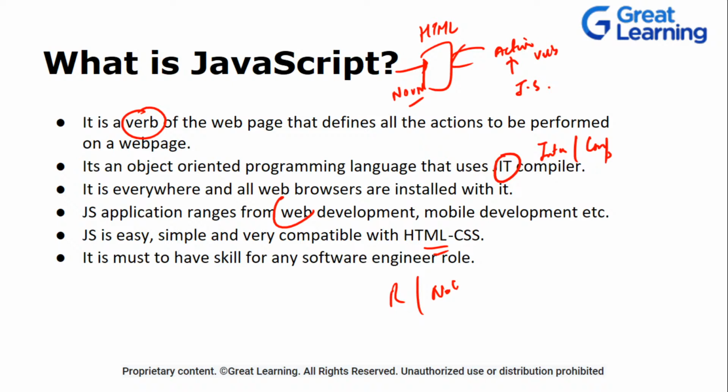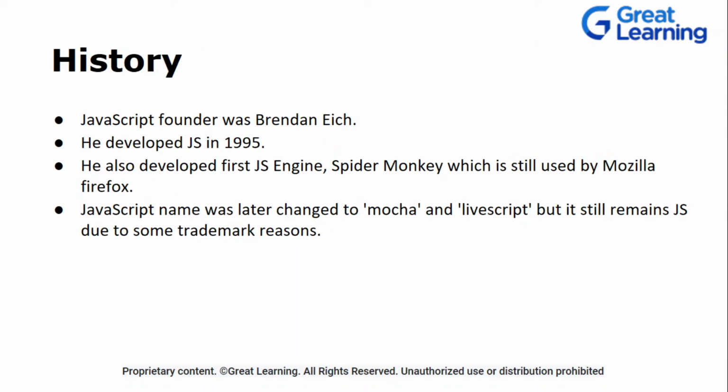Okay, cool. So now this is all about what JavaScript is, and let's talk about history. This language, JavaScript, was developed in 10 days by Brendan Eich. He was a developer at Netscape. Now, when he developed this language in 10 days, there were a lot of mistakes, or some things which were not working as in the traditional languages.